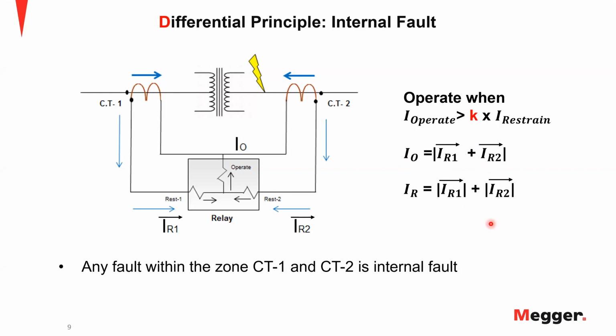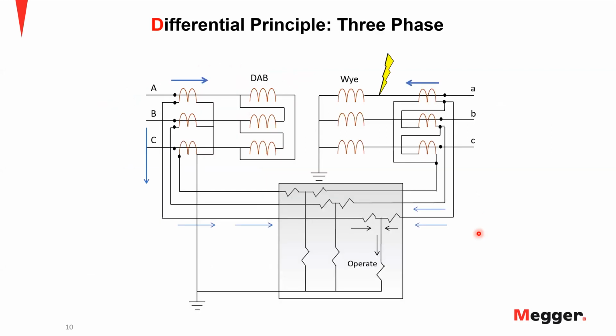One important thing to note is that these equations you see here vary from manufacturer to manufacturer, and sometimes even within the same manufacturer, in different models, you would see different restraint equations. Here we have a 3-phase differential scheme set up.